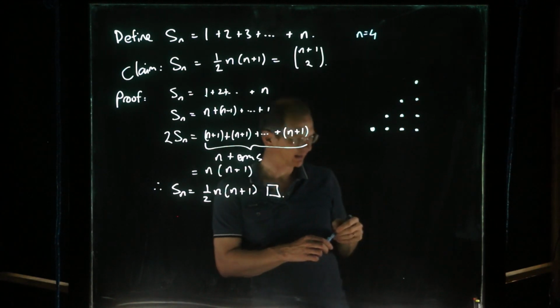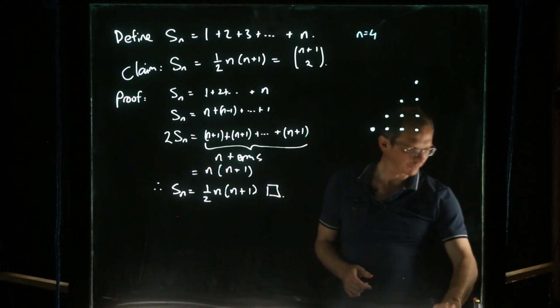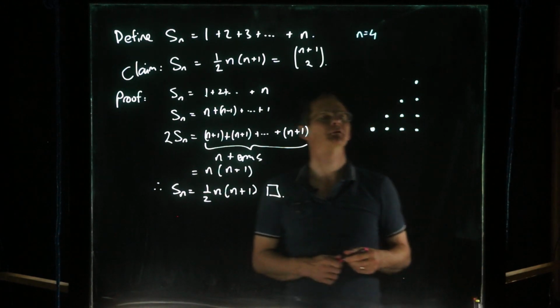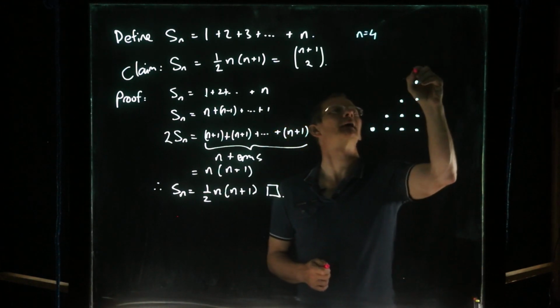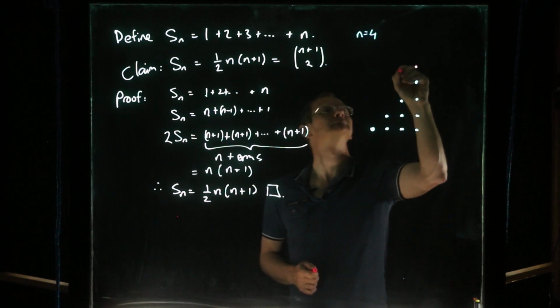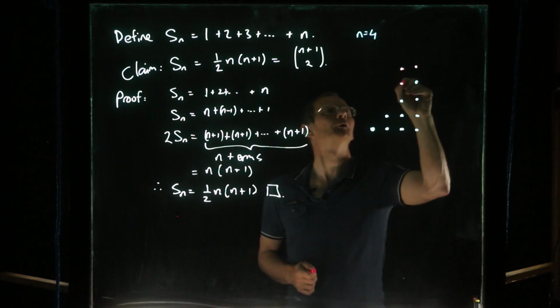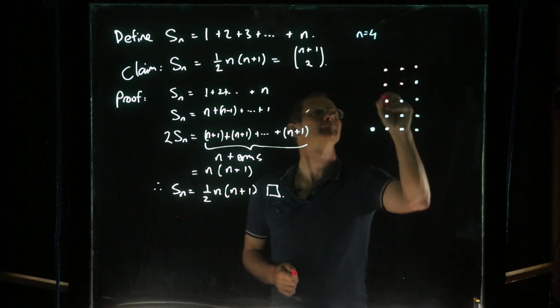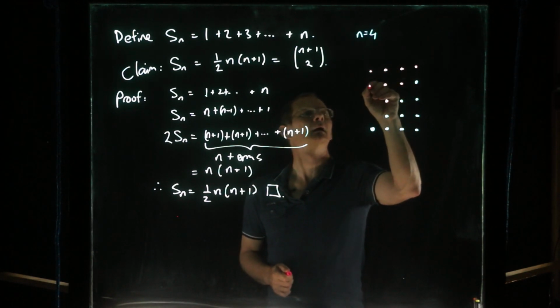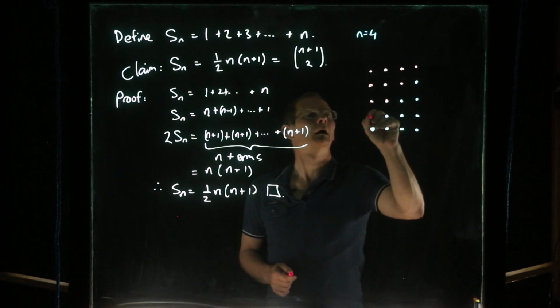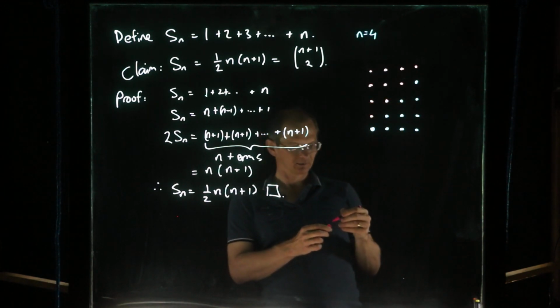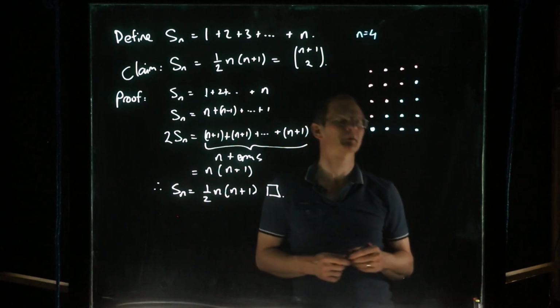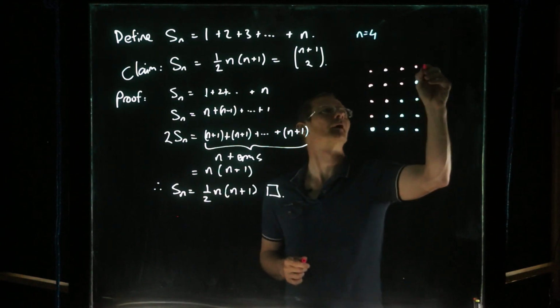So our S4 is just the total number of dots that we've got there. And then we can do the same thing again. So here 1 and 2 and 3 and there's 4.